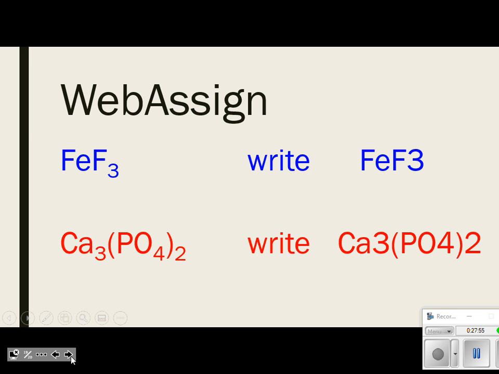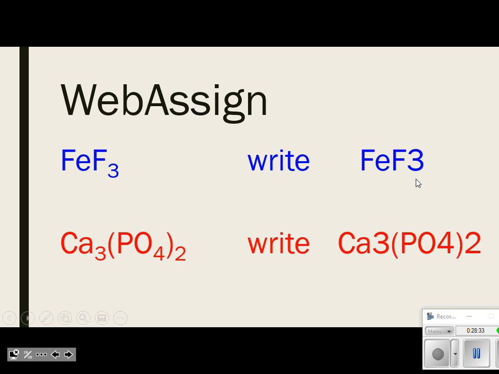Go ahead and write these down in your notes. That way, when you come up to me and complain because they counted you wrong, I can say, we wrote this down in our notes. We already talked about that. I told you not to do that. So, if I have FeF3, we simply write it as FeF3 because we cannot get this 3 as a subscript on WebAssign.